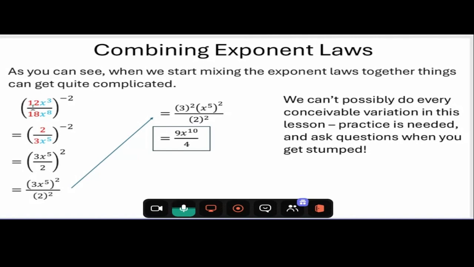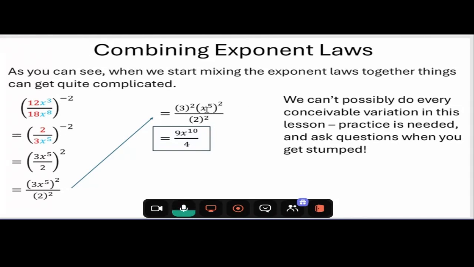We had all kinds of stuff there. We had some fraction reducing, including dividing with the same base, so we subtracted the exponents, put it on the bottom because more of them were on the bottom. We had a negative exponent to deal with. We had a fraction to a power, which meant we had to put the power on the top and the bottom separately. We had multiplication to a power, which means we had to separate that out like that.